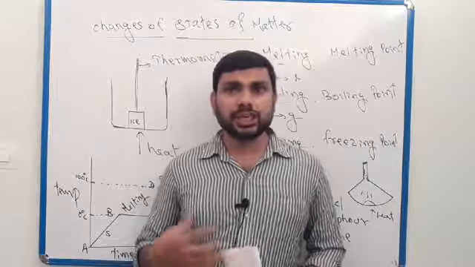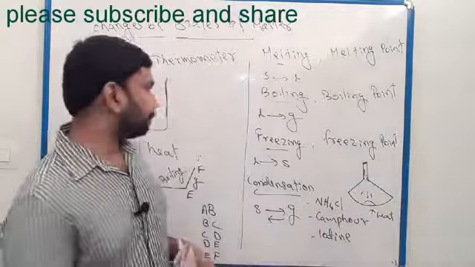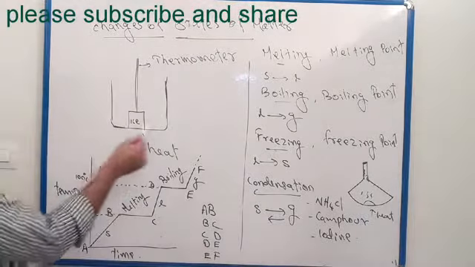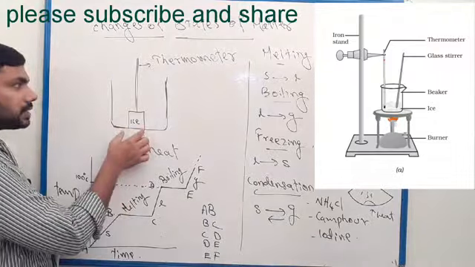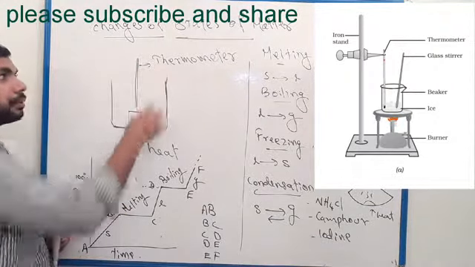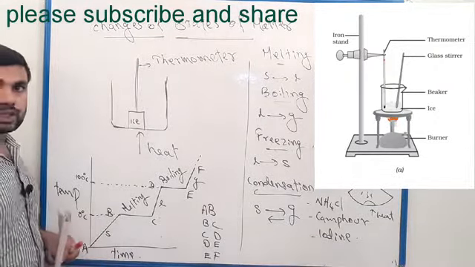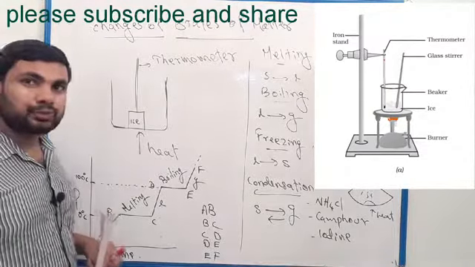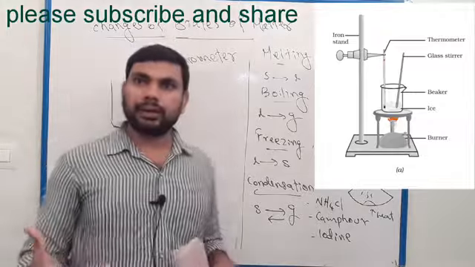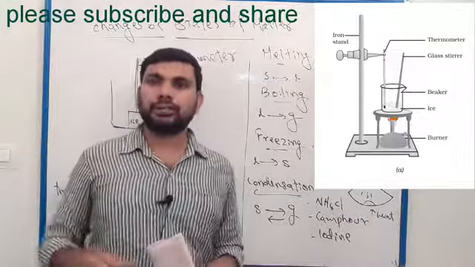A change of states. Okay, to understand change of states, look here. Consider one beaker which contains one piece of ice, and we keep a thermometer over here, and keep heating over here. We heat the ice in a beaker, and we keep a thermometer.